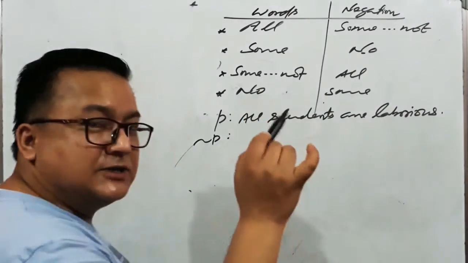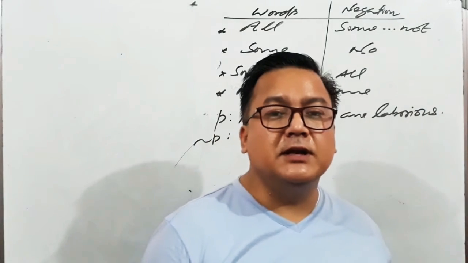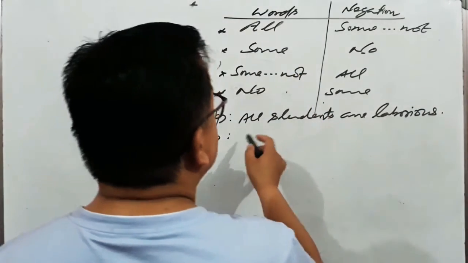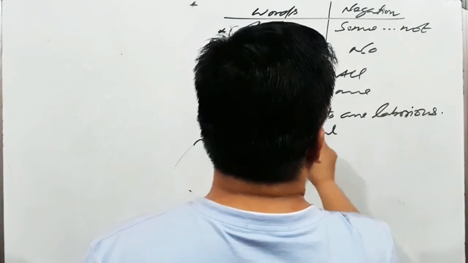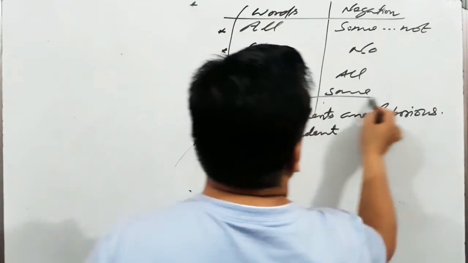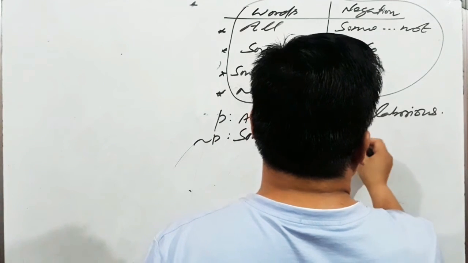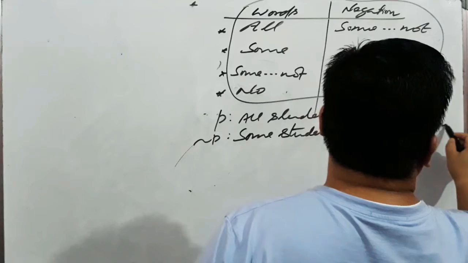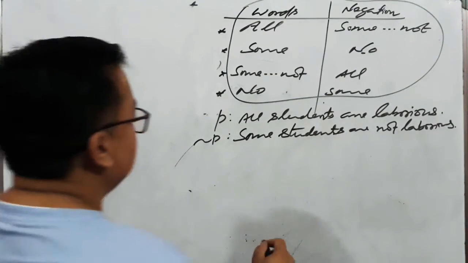What will be the negation of P? You will not write that all students are not laborious. That's not logically correct. The logically correct negation is, as I told you, you need to memorize this table: some students are not laborious.